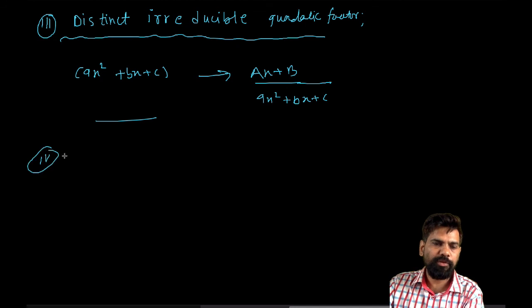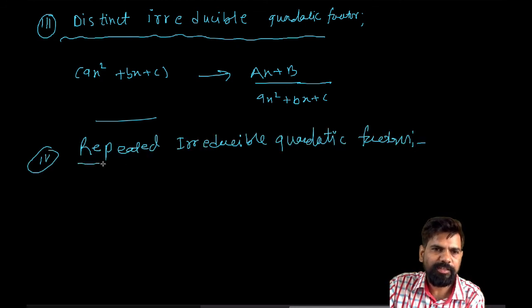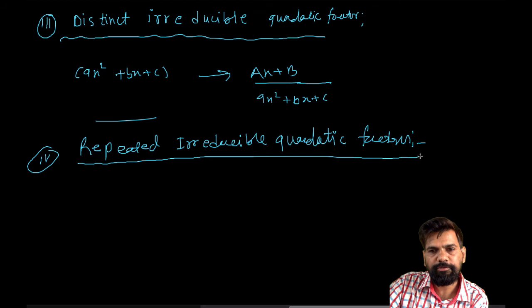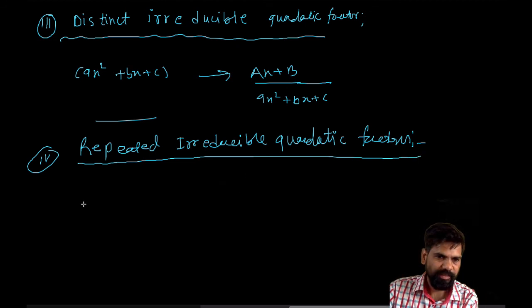And let's move to the fourth concept. The fourth concept is repeated irreducible quadratic factors.